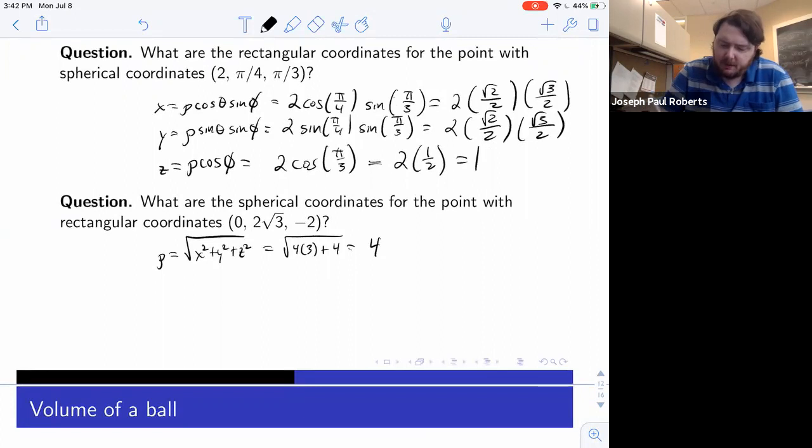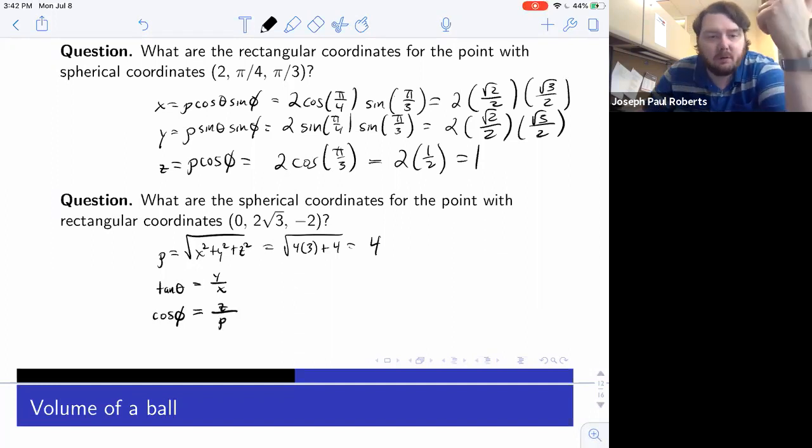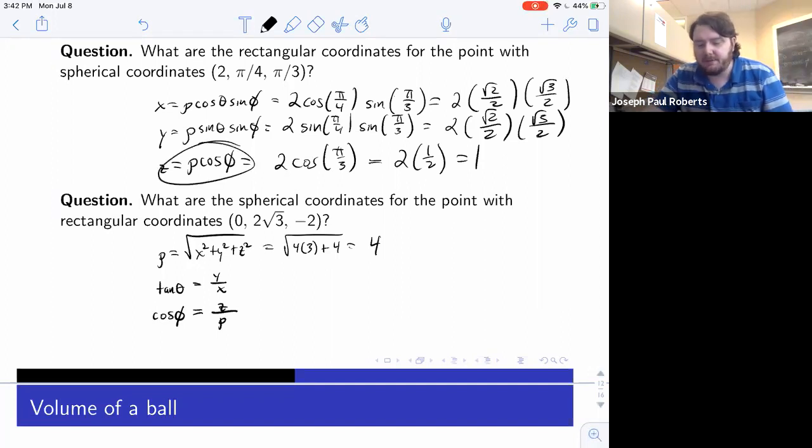So what else do I know? As far as the angles go, tan of theta is y over x, and cosine of phi is z over rho. So it's the same theta equation we had for polar and cylindrical, and if you rearrange the fact that z is rho cosine phi, you see that cosine phi is z over rho.